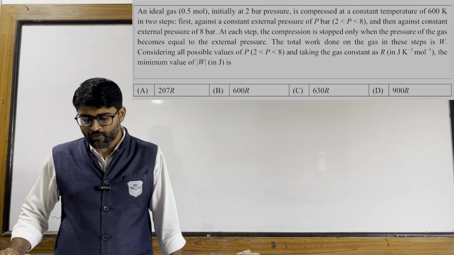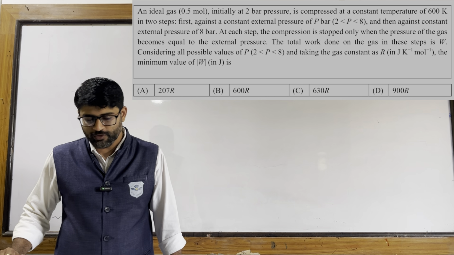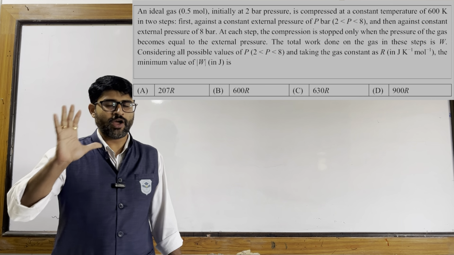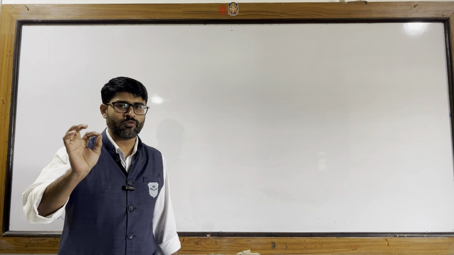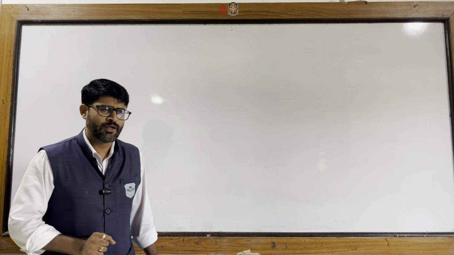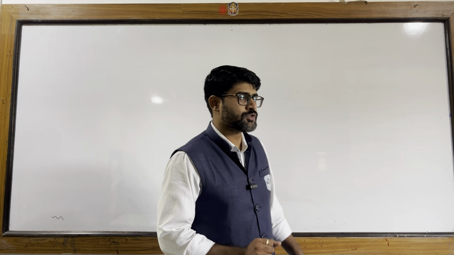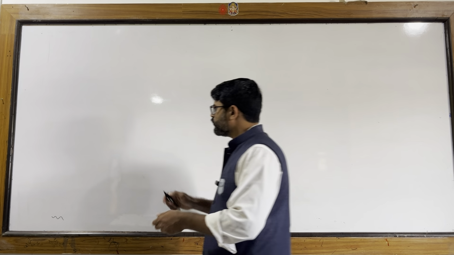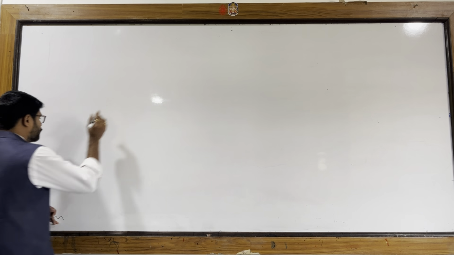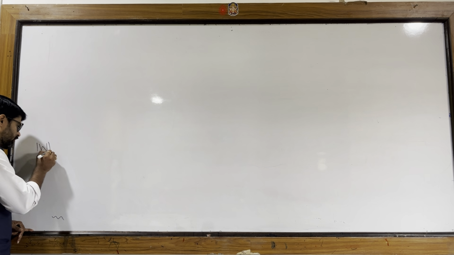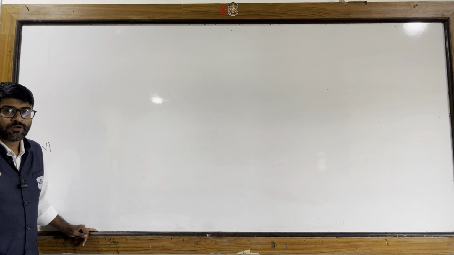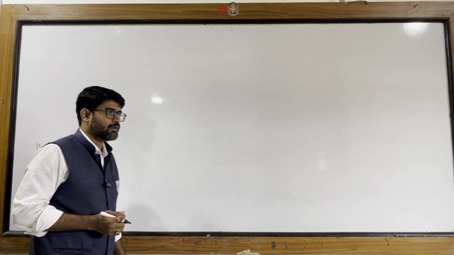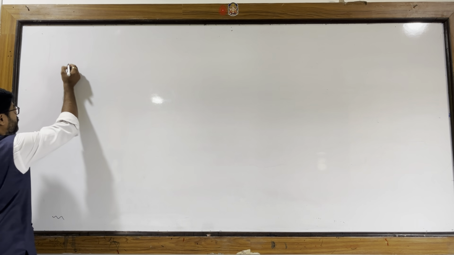The minimum value of mod W in joules is, so we have to find the minimum value of work, or magnitude of work, in this compression process. So this is the isothermal process.